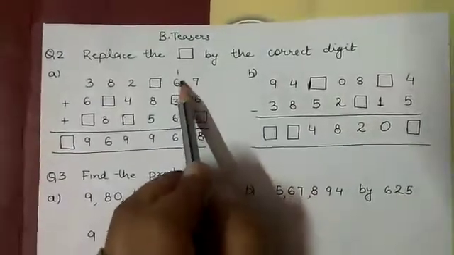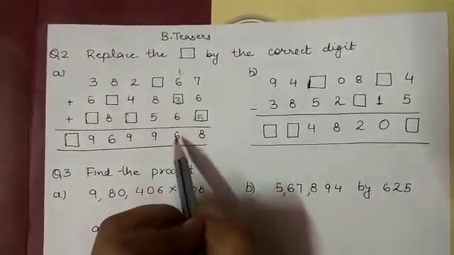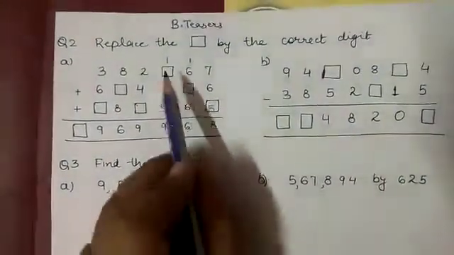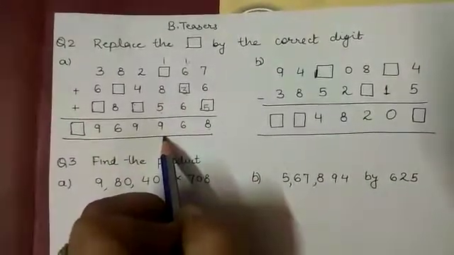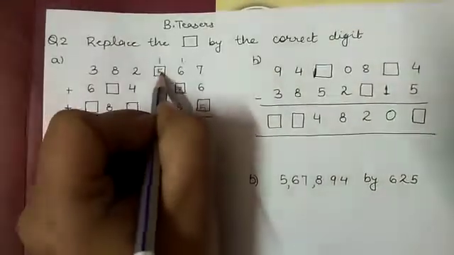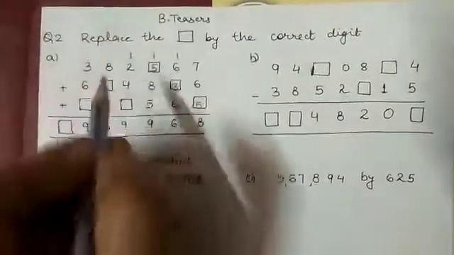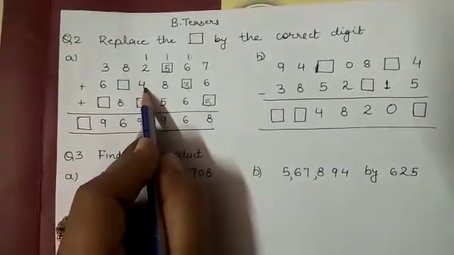Now check. 6 and 1, 7. 7 and 3, 10. 10 and 6, 16. 1 carry will be here. Okay. 8 and 1, 9. 9 and 5, 14. So as per this it must be 5, so that it could become 19. Now 2 and 1, 3. 3 and 4, 7.